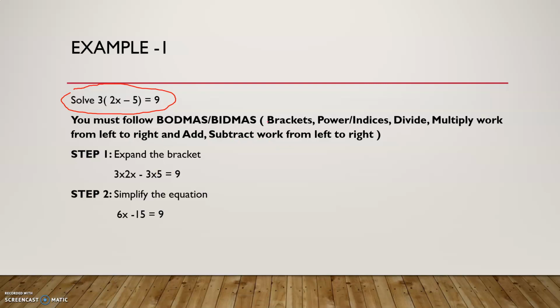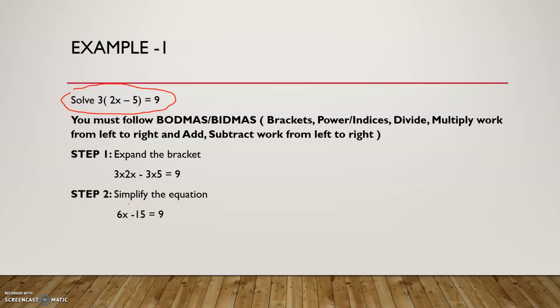So to solve this equation, step number 1, we're going to expand the bracket, working from left to right. So that would be 3 times 2x minus 3 times 5 equals 9.